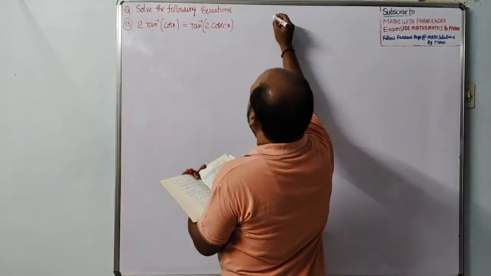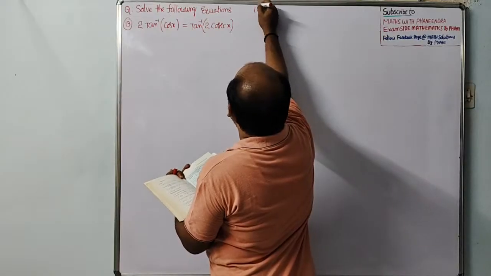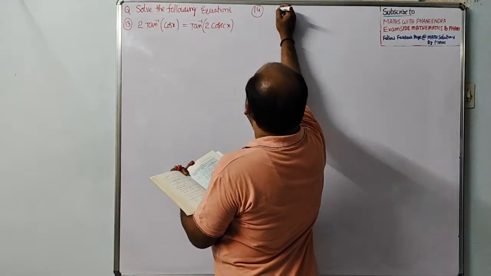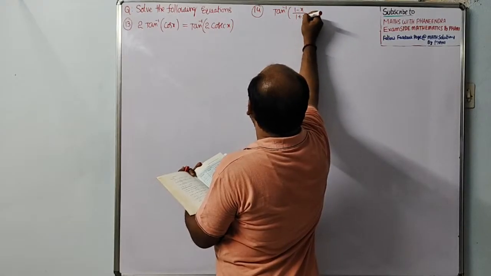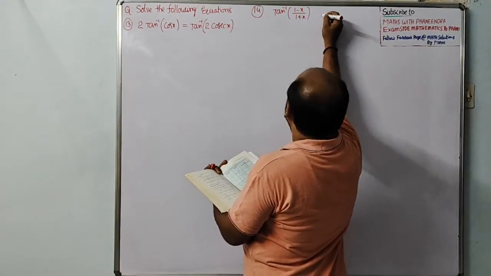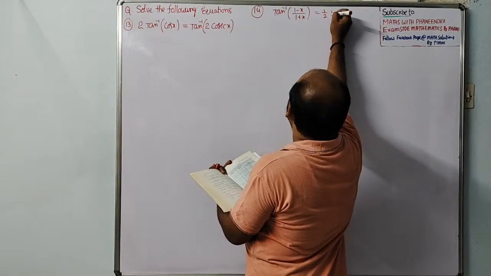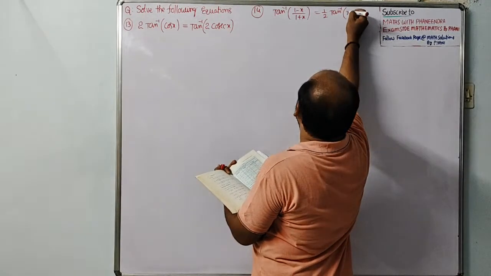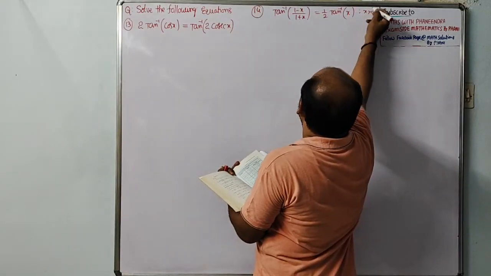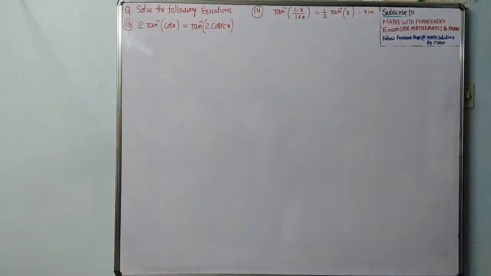Next, question number 14: tan inverse of 1 minus x by 1 plus x is equal to half into tan inverse of x, when x is greater than 0. So these are questions 13 and 14.